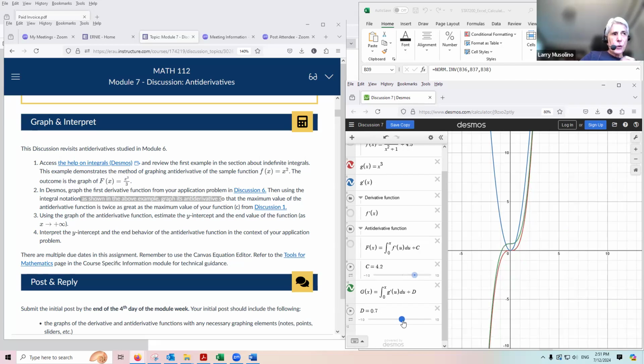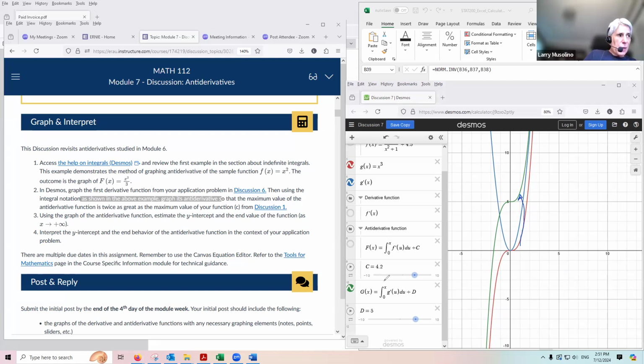Can you see how the green graph now is essentially the same as the red graph, but vertically shifted up a little bit according to d? Let me make d be 5. Well, if I make d 5, notice the green graph now has been shifted up. Got to get d to be 5. Oops, can't get the slider. There it is. So do you notice this red graph has been shifted up by 5 to get me the green graph?